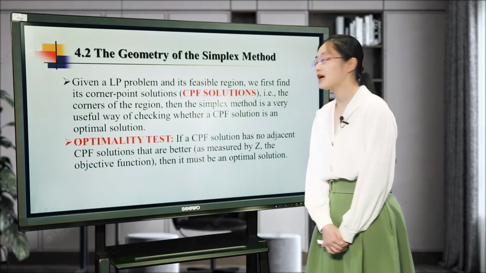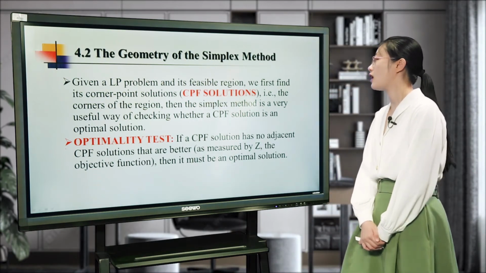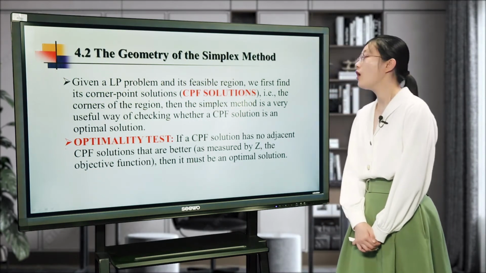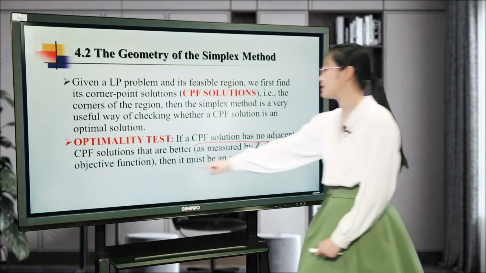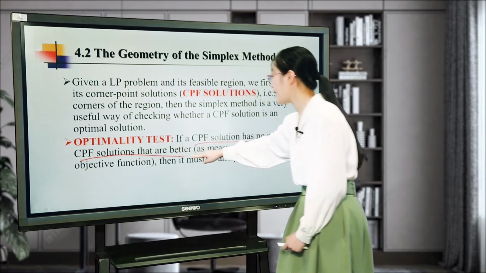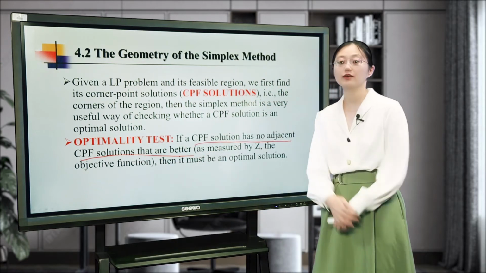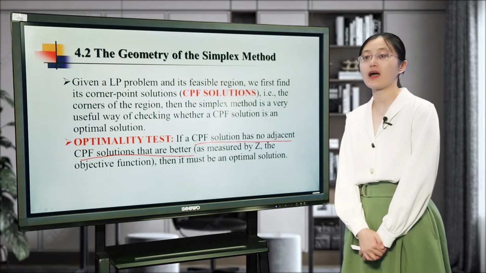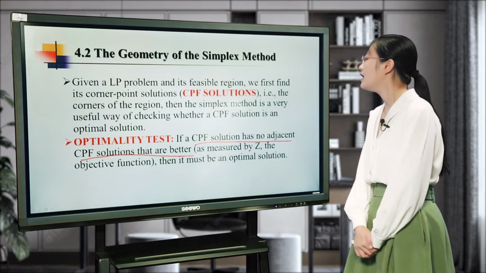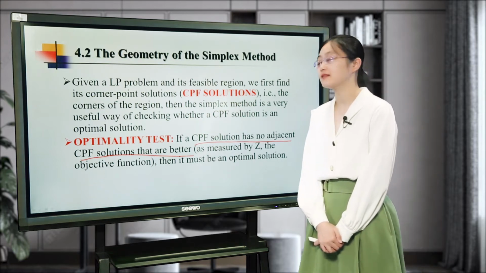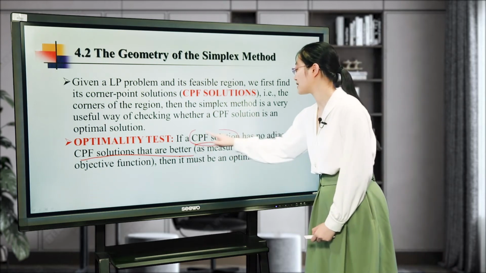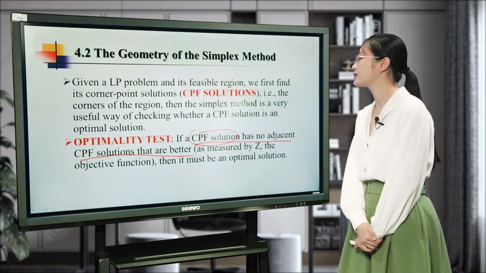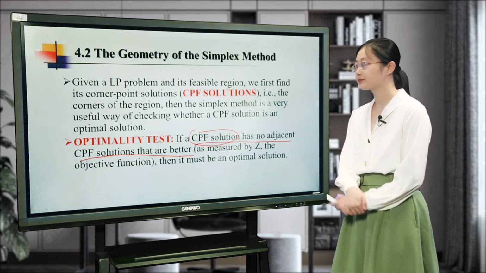This checking procedure is called the optimality test. If a CPF solution has no adjacent CPF solutions that perform better, where better is measured by our objective function z, then we say this CPF solution must be an optimal solution. So this is the optimality test.